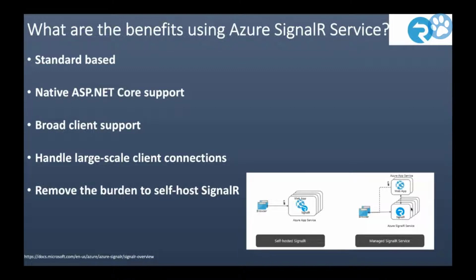You just make use of the Azure SignalR package and add one line in your existing application. The Azure SignalR service acts as an independent service, responsible for managing all the real-time communications required for your application.